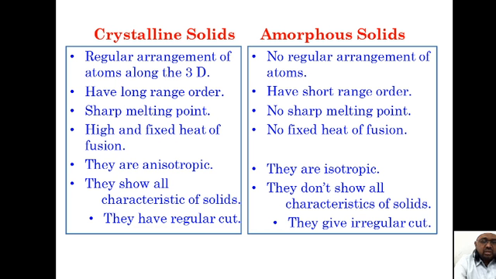Isotropic is nothing but the elements which have the same, identical property in all directions. We call such nature isotropic nature, and anisotropic nature is the opposite of the isotropic. Crystalline solids have the characteristic of solid, and amorphous doesn't show the character of solid, but it comes under the solid.